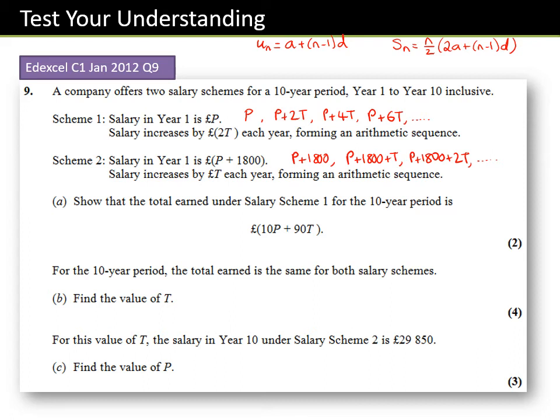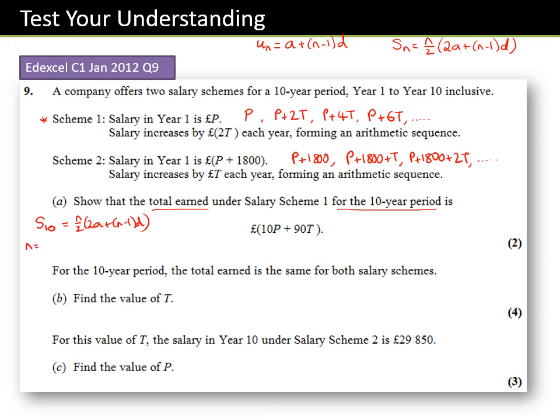So we want the total earned under salary scheme 1 for the 10-year period. So here we are looking at finding the sum to 10 of scheme 1. Start off by writing our formula, n over 2, 2a plus n minus 1 d.